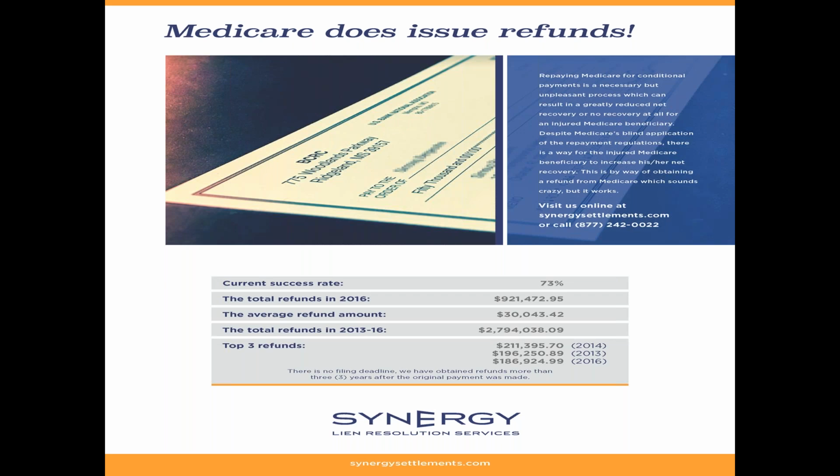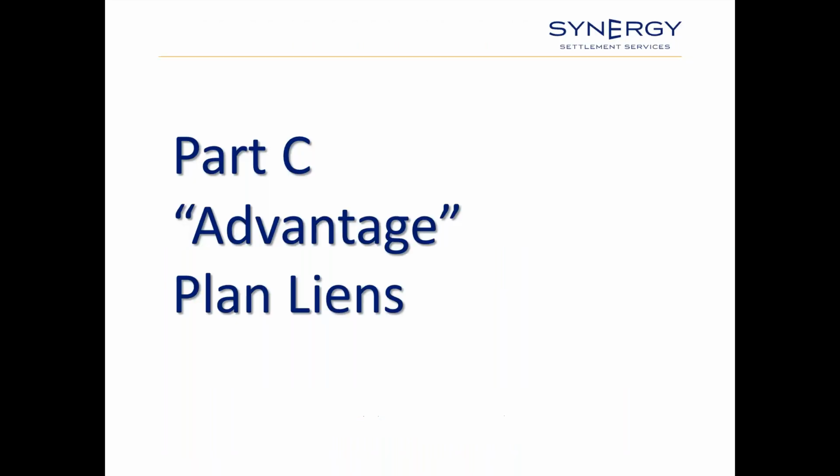So this is a very viable tool to deal with cases where you don't want to go through that appeals process and there are issues with the repayment of Medicare because, say, there's caps on damages, liability issues, and you don't get a full recovery for the client. This is the perfect vehicle to get a refund, or any other situation that fits within the parameters of the different methods for securing a compromise and waiver.